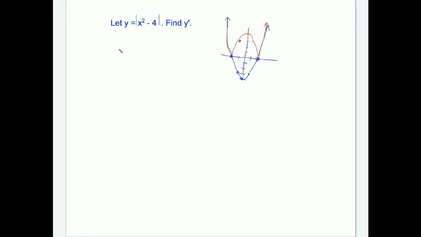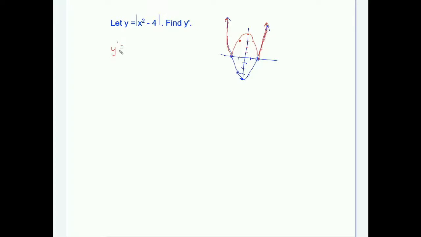And so to take this, we can break this up into different parts. And we can say y prime is going to equal, and so really we have 3 things we want to look at here. This part over here and over here are part of the original parabola without the square root.